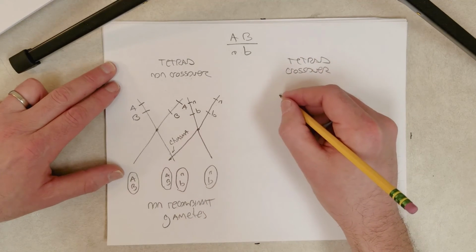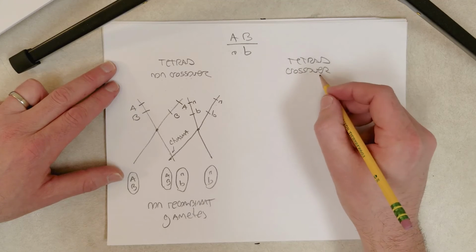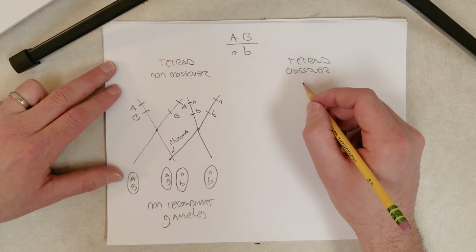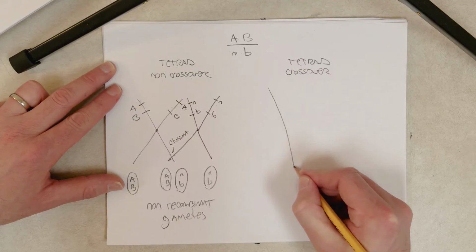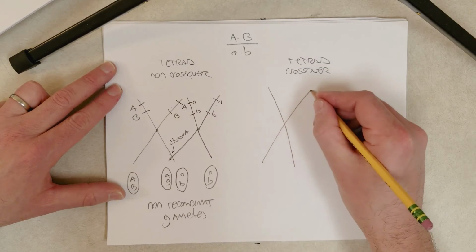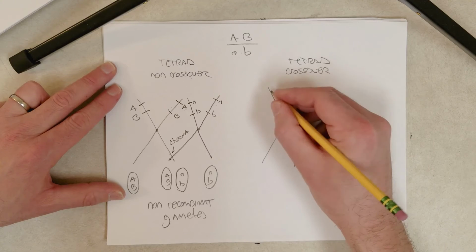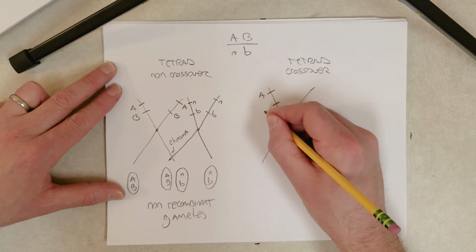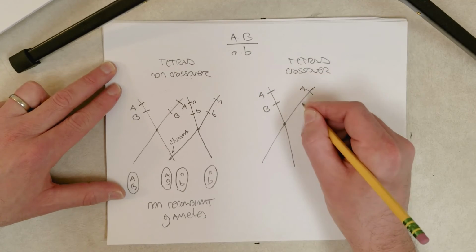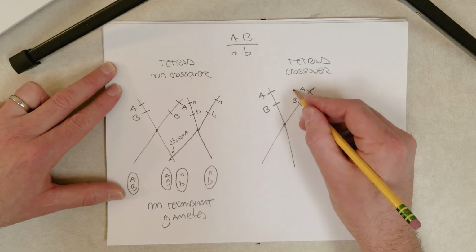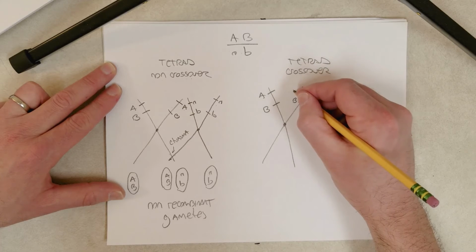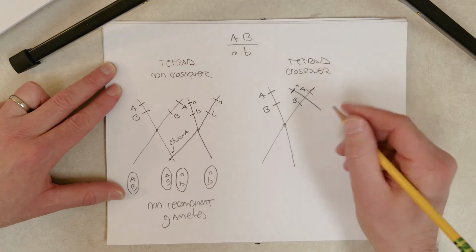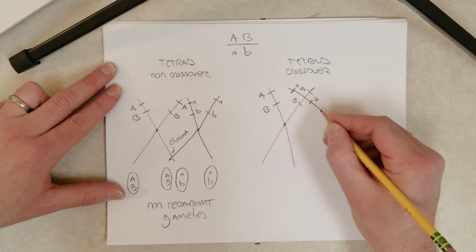But over here, now let's look at the crossover condition where we see a crossover between A and B. So big A, big B, big A, big B. Now I'm going to put the chiasma right here between A and B. Now we have the little a over there and the little b over there.